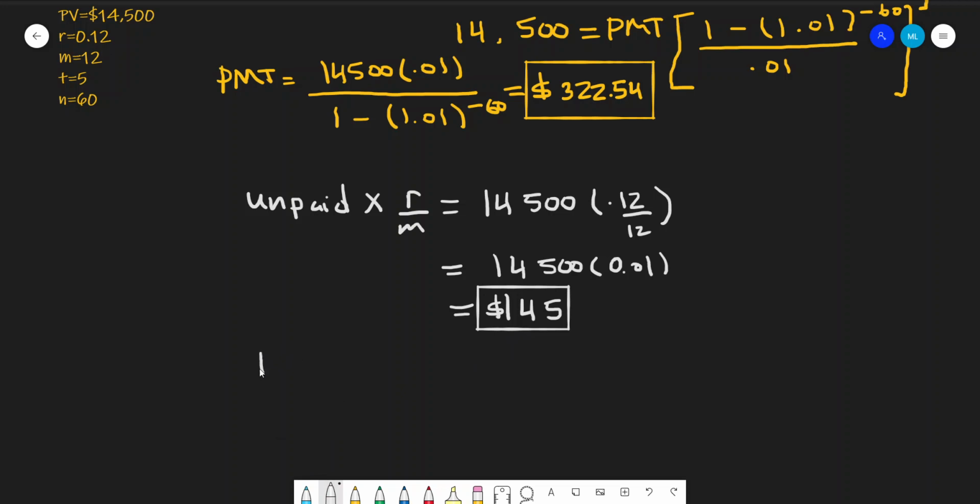Okay, now that tells you the amount of interest that's due, but now you can figure out the principal. So the principal, which some people call the reduced amount, is essentially the payment minus the interest.